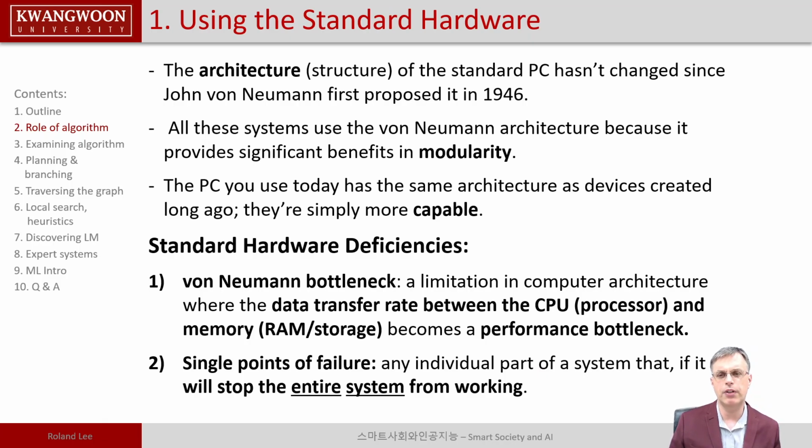The architecture, or the structure, of the standard PC hasn't changed since John von Neumann first proposed it in 1946. All these systems use the von Neumann architecture because it provides significant benefits in modularity.